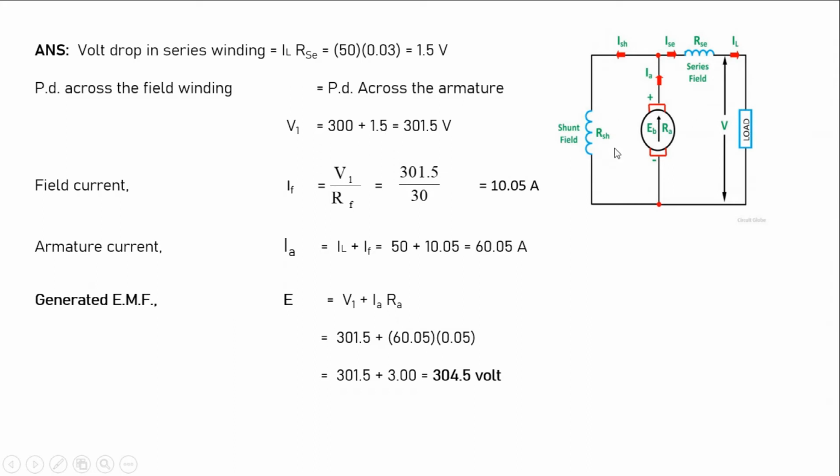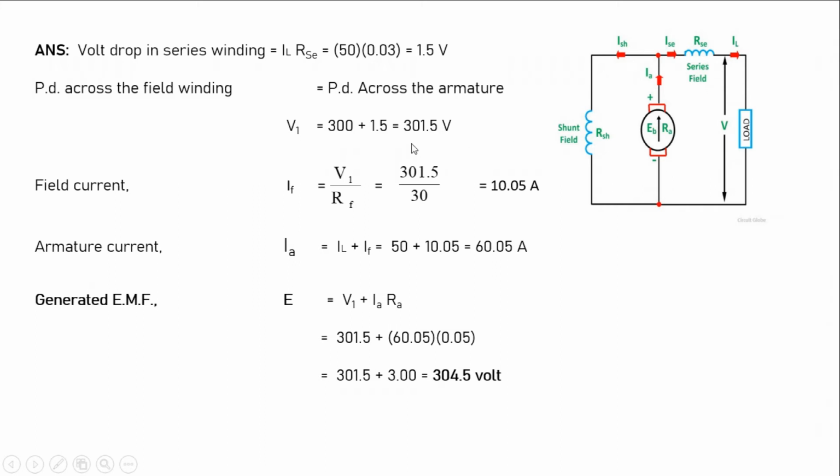So V1 is equal to 300 plus 1.5. This voltage 300 is already given. It is supplying 50 amps at 300 volts. So the load side voltage is 300, and now we add the 1.5 volts. So the total is 301.5 volts across here. That you have to understand, because you can take this series field winding here.